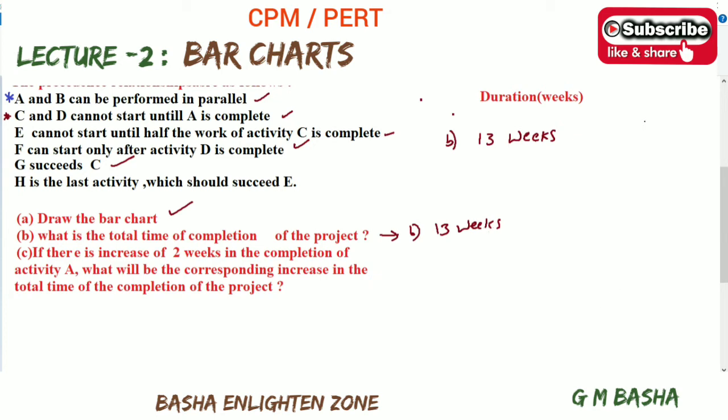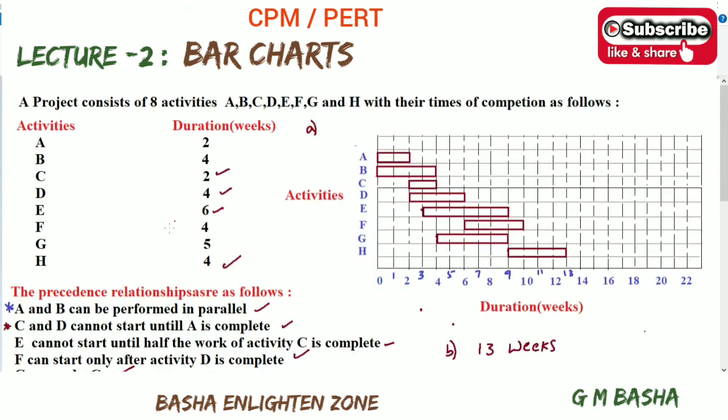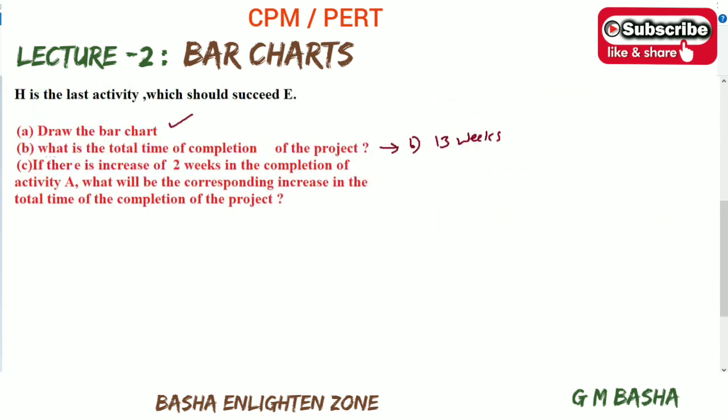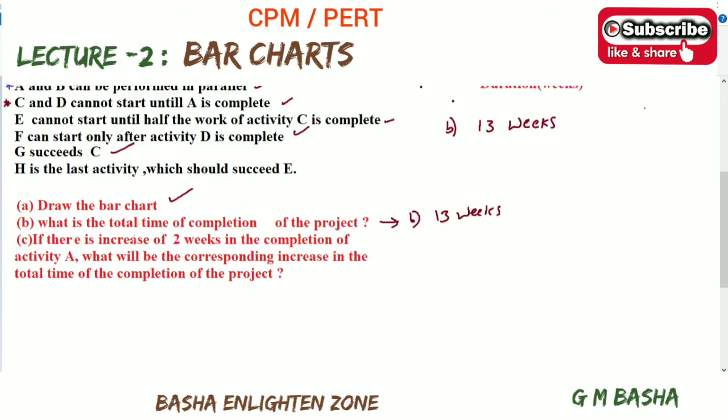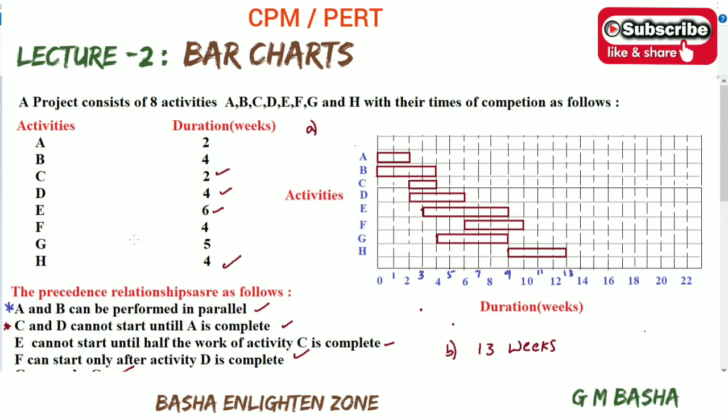What they are telling is that activity A is given in the question as 2 weeks only. But here they are asking you to increase the completion of activity A by 2 weeks, which means that in place of 2 we have to take 4 weeks. Then draw the bar charts similarly.